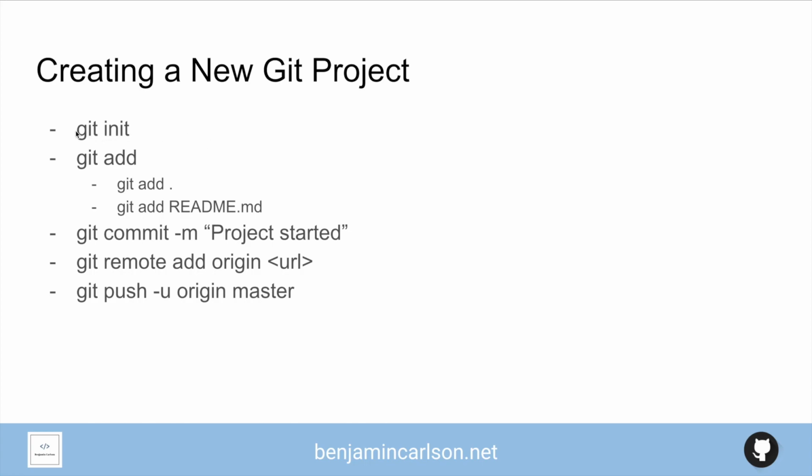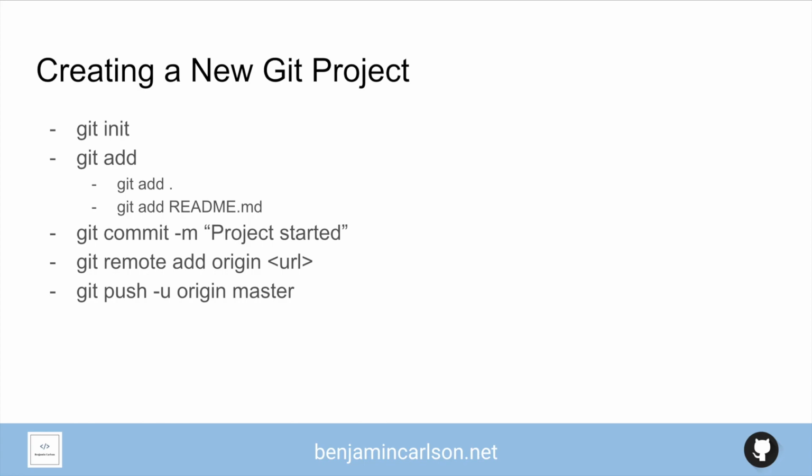So first we have the git init, and the init command simply initializes a new Git repository. So it initializes tracking for that project or everything in that folder. The git add command adds various files to that Git tracking.